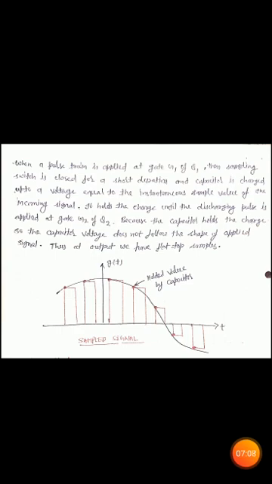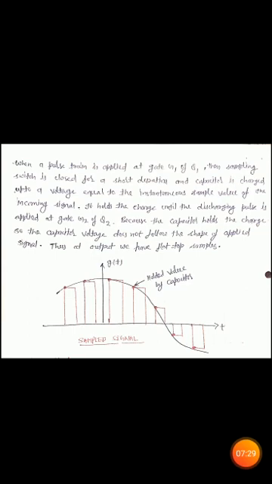This charge remains constant until we apply a discharging pulse at the gate G2 of Q2. Because the capacitor holds the charge, the capacitor voltage does not follow the shape of the applied signal. Thus, the output has flat top samples.